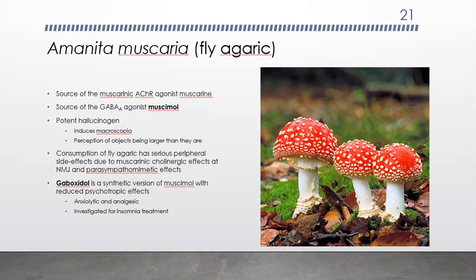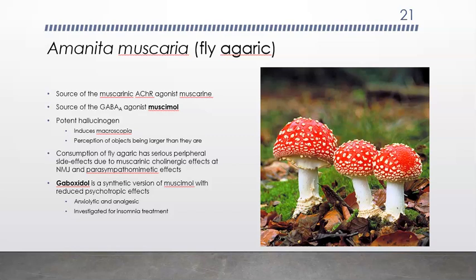So you might have heard of fly agaric before, or Amanita muscaria. It was used by indigenous cultures in Serbia and other places nearby, and it has been proposed that it is the mushroom source of soma, which is a Vedic ritual drink used in the early Indo-Iranian cultures.